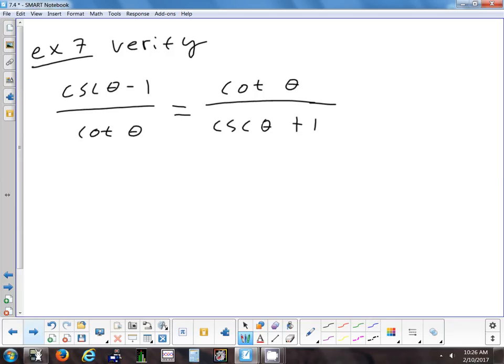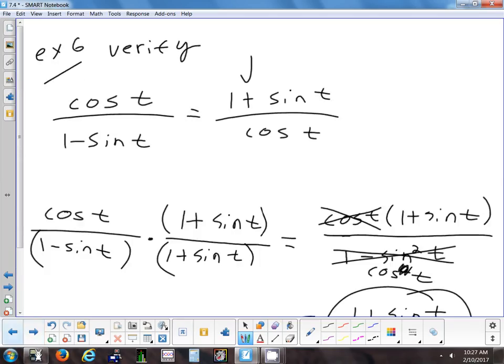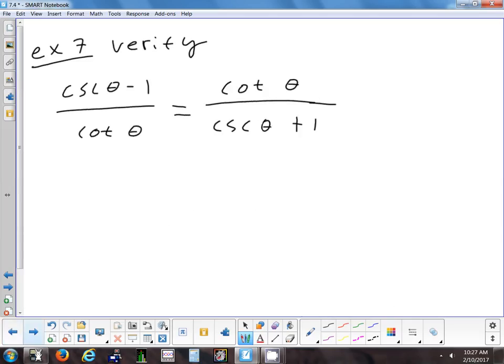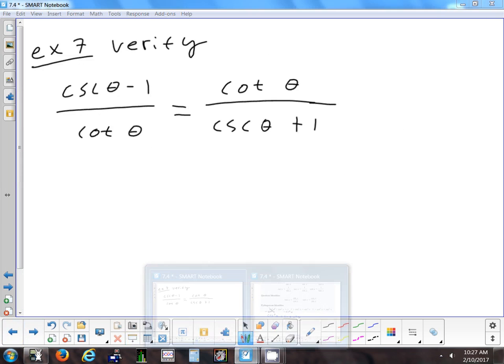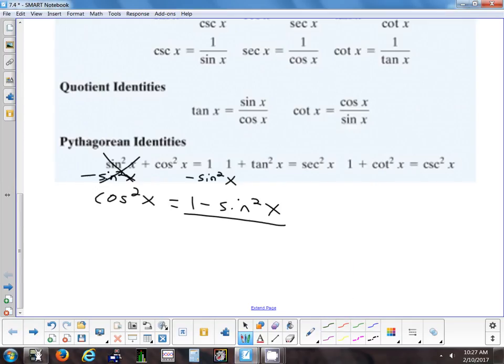This is pretty much exactly the same kind of thing. Any questions on how you would do this one? It's almost the exact same problem. It flips and something changes from a minus to a plus. The only thing I notice here is I have a cosecant and a minus 1. So when I multiply by the conjugate, I'm probably not going to be using this first identity.